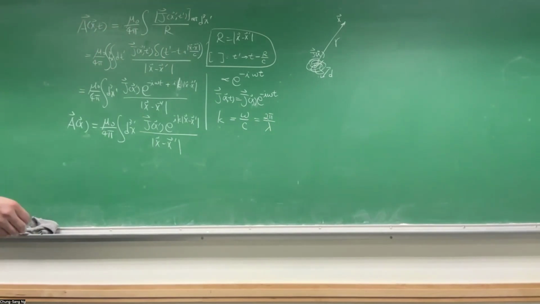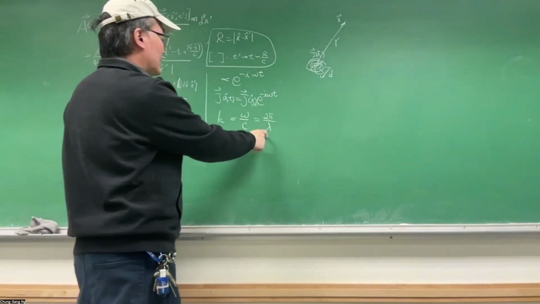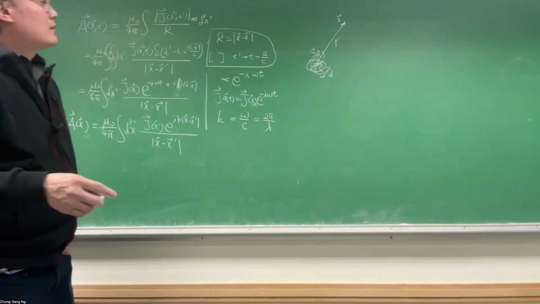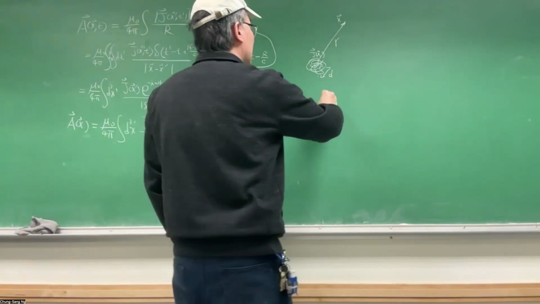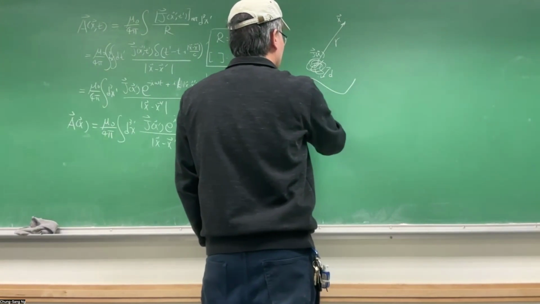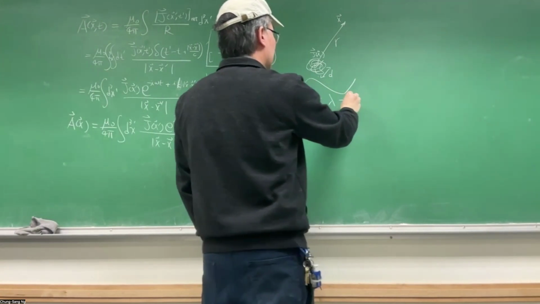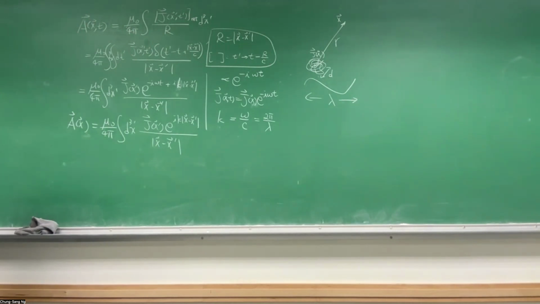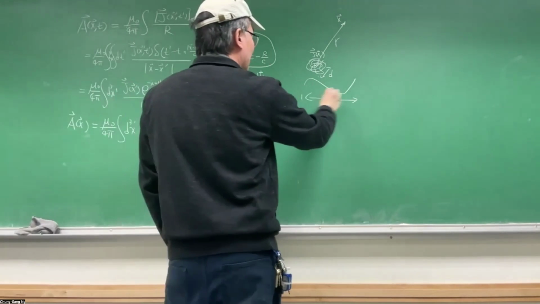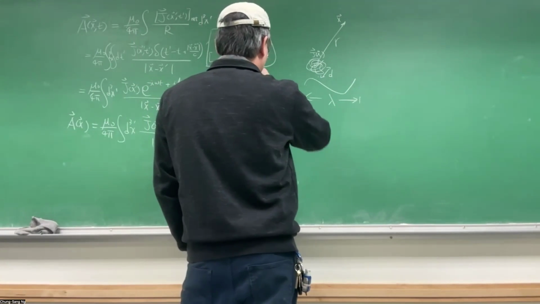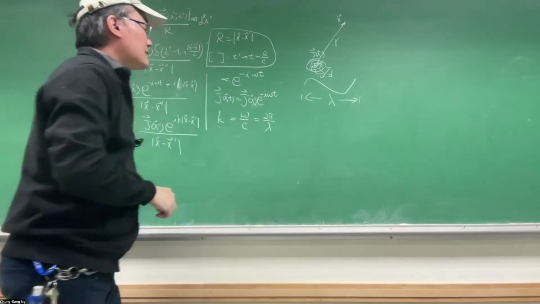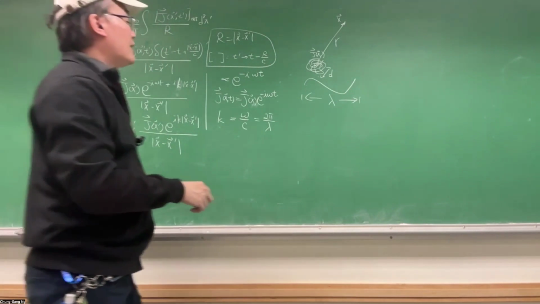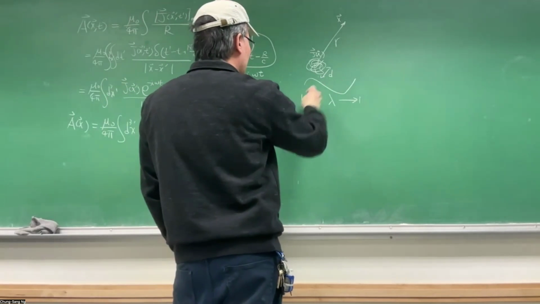Right. So you have the wavelength of the wave that you radiate or excite. This lambda, this is a wave. Okay. So we have three length scales, and the first comparison will be lambda with respect to d.